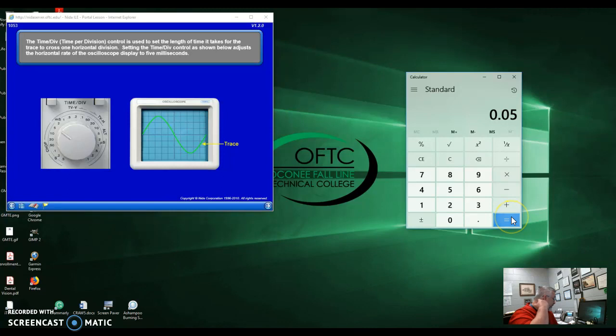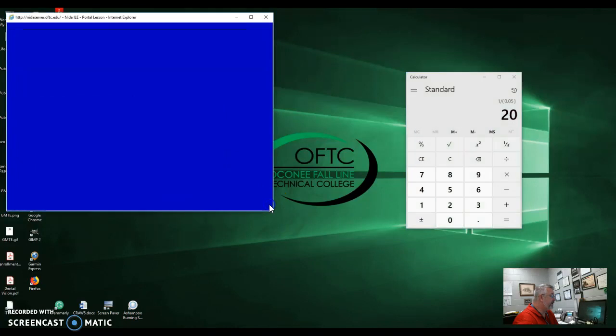And that gives us 0.05 seconds. So the inverse of that, or if we divide that into 1, or if we reciprocate it, this particular calculator has a reciprocal key, then we find out that this particular signal is 20 hertz. It occurs 20 times per second.